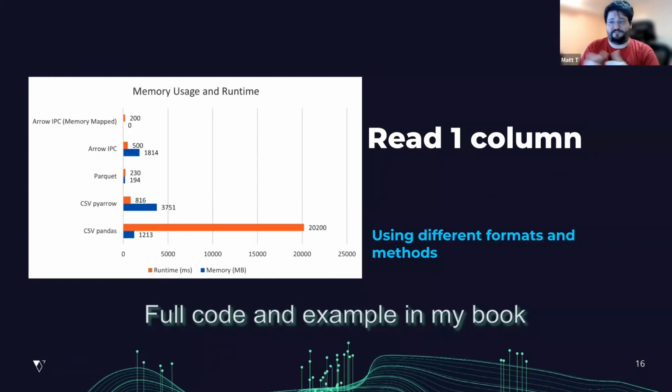Now, the raw CSV file, you can see here, if you're going through pandas directly, it only uses about 1,200 megabytes. It's a bit cheaper, but it takes 20 seconds, a hell of a long time. Now, PyArrow's CSV reading does multi-thread the read.